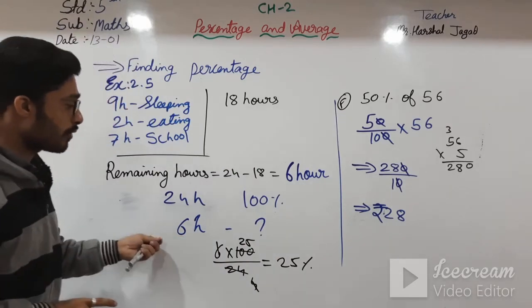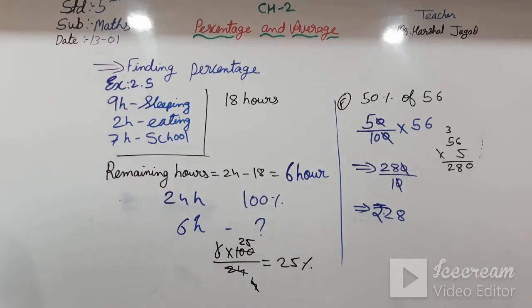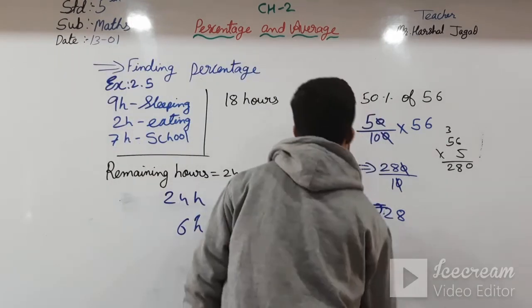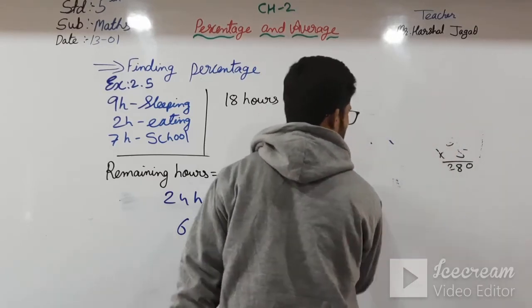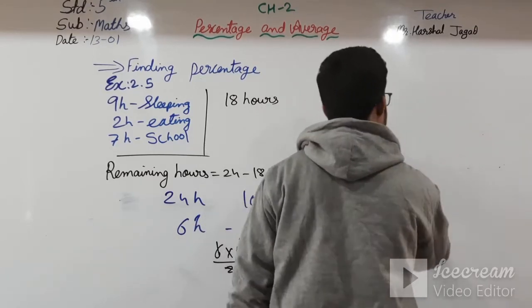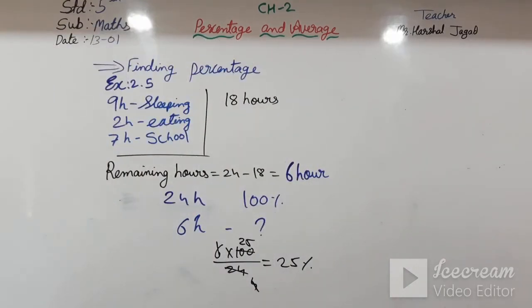And if you want to do this in short, then it can happen like this. So if you have to do this sum in short, first of all, you have to do this only. Here we have been told what percentage of the day is left for other activity.